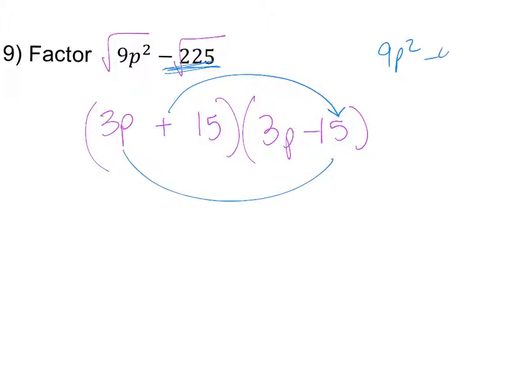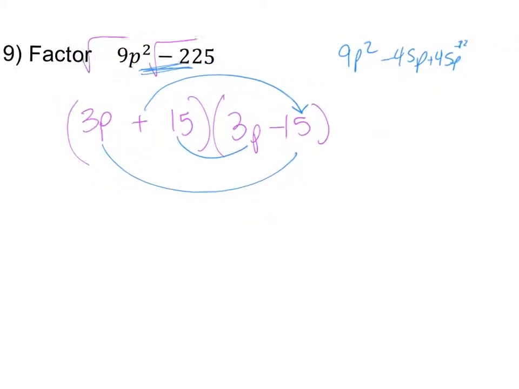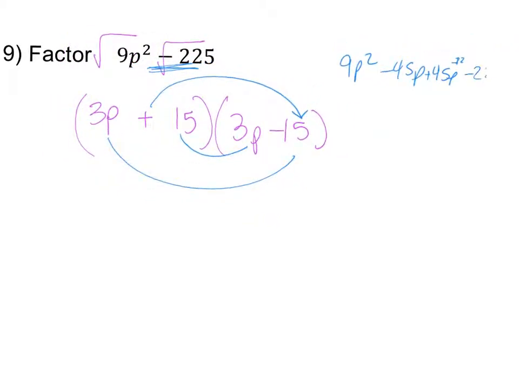Outer is negative 45p. Inner is positive 45p. And the last term is negative 225. The middle term cancels out, and I am left with 9p squared minus 225.